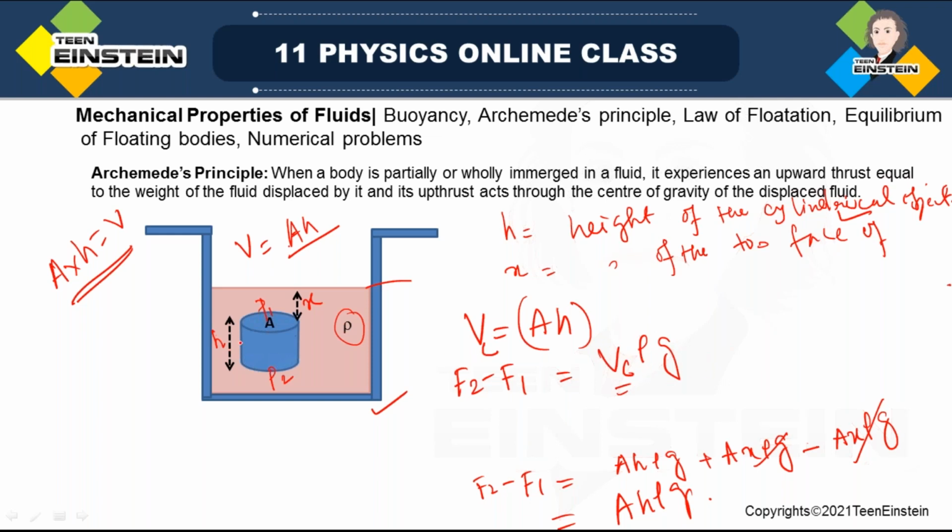V into rho means what? V is the volume of the object and rho is the density of the liquid. So this gives you the weight, M into G of the liquid. So this is the weight of the displaced liquid.